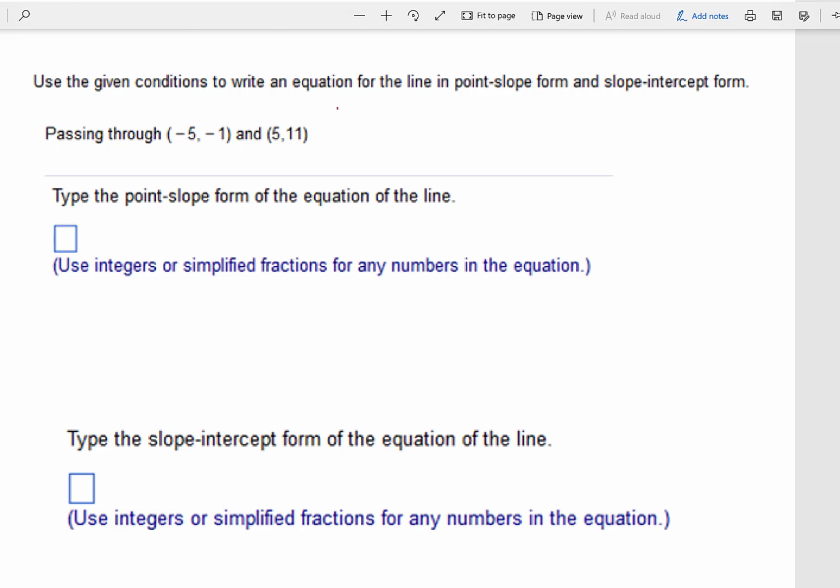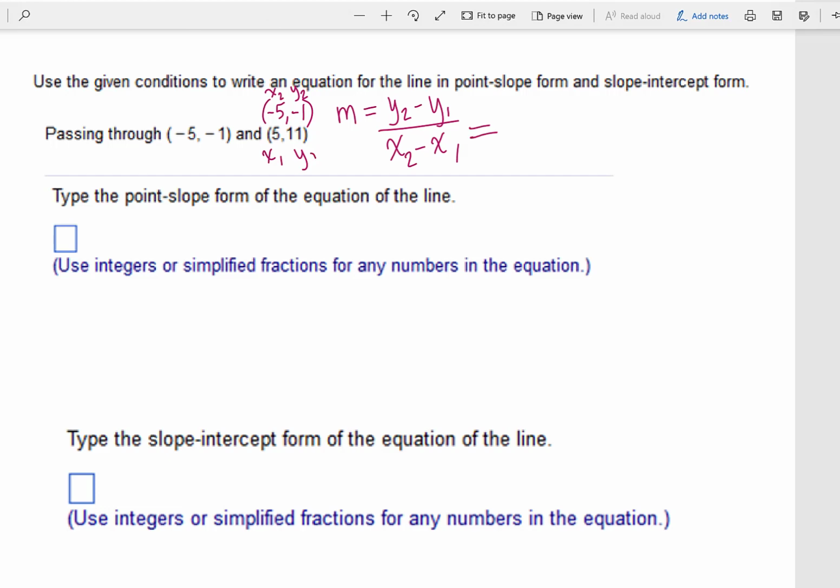So slope is y2 minus y1 over x2 minus x1. I'm going to write one above the other so I can just be consistent. Doesn't matter how you label them, as long as you're consistent. So my top point, I'm actually making it my second point, and the bottom one, I'm making it my first one.